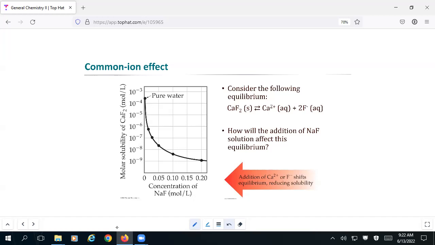We can see that as the concentration of that common ion, in this case sodium fluoride, increases, the solubility of calcium fluoride decreases considerably. And then eventually we'll start to level off because we're getting close to 0.